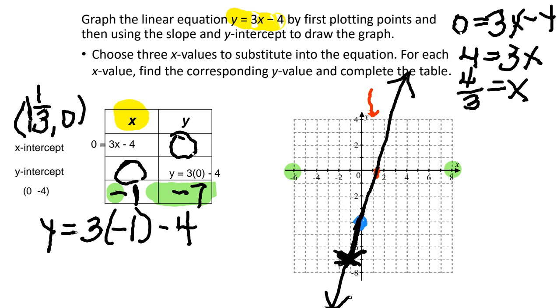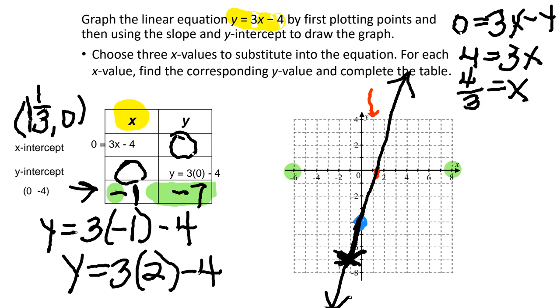If I want to take another point, let's say we took 2. This would give me y equals 3 times 2 minus 4. This would give me the ordered pair (2, 2).